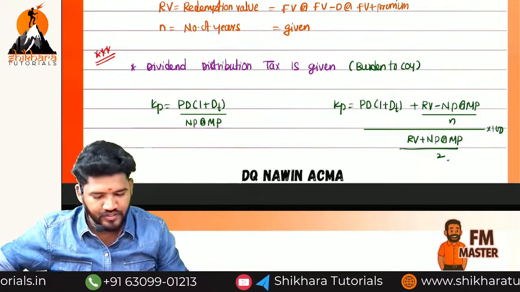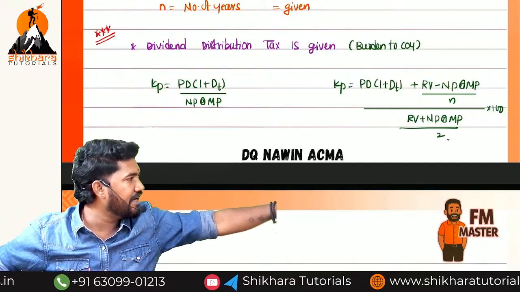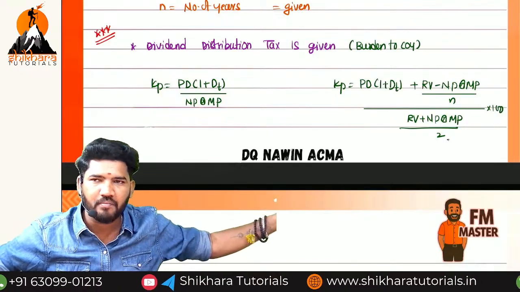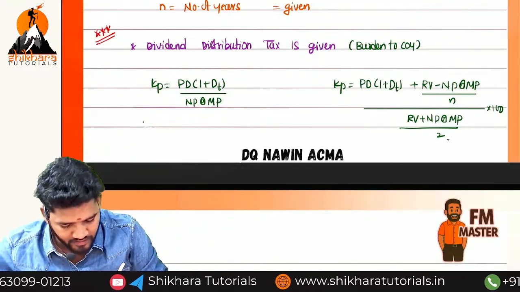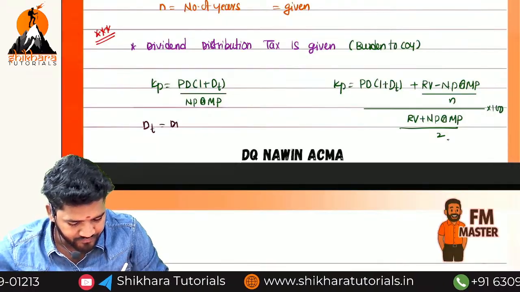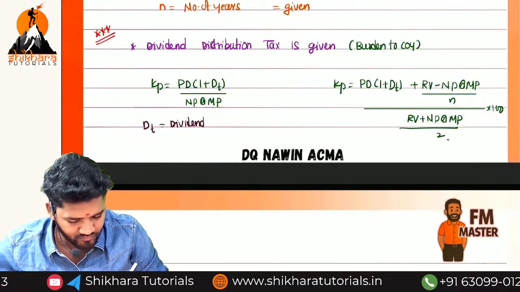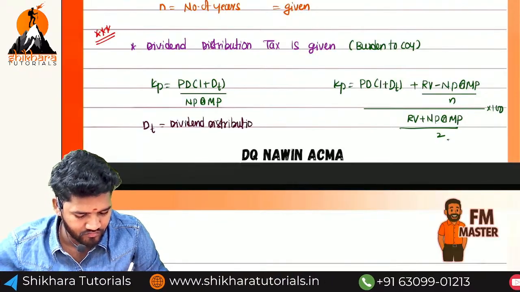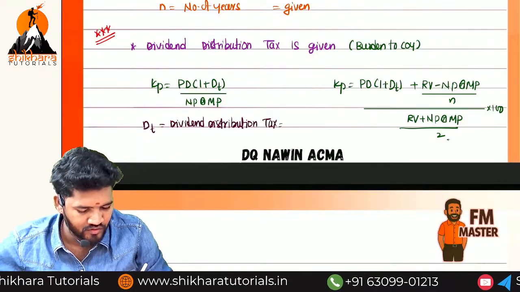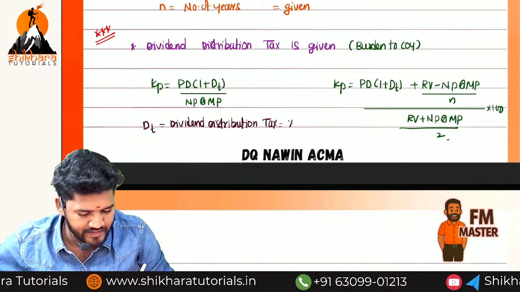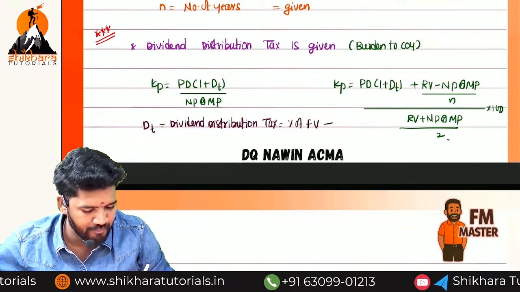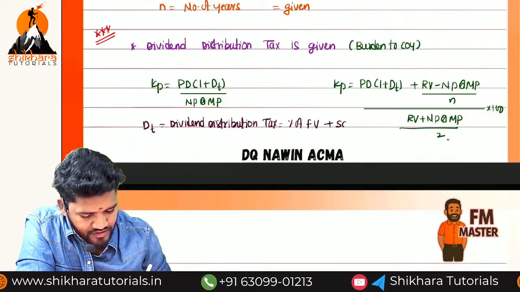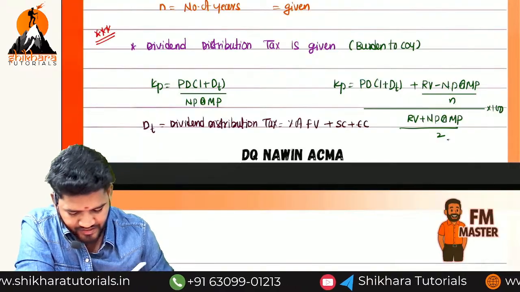Clear, sir? Now see, I hope in this formula you know the calculation of PD, RV, NP, MP, N, all those things. But the only new thing that came is what? Dividend distribution tax. Percentage on face value plus surcharge plus education cess.